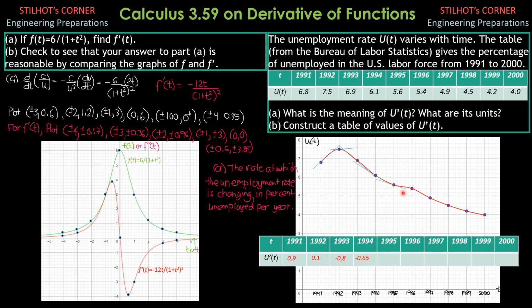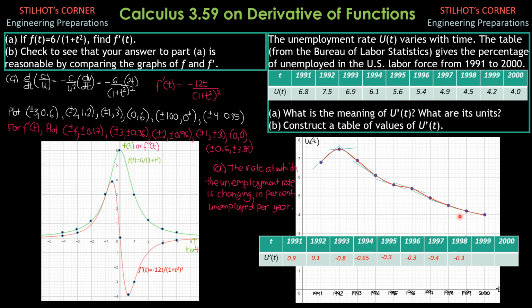The tangent to this point is negative also, approximately negative 0.3. The tangent to this point is almost parallel to that one, so you can estimate it as negative 0.3 also. The tangent to this point is negative 0.4.